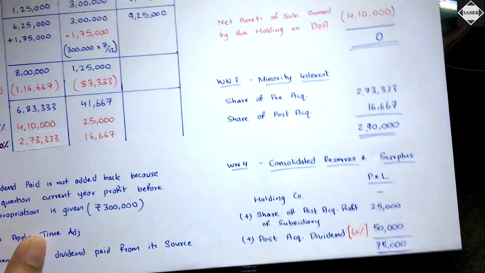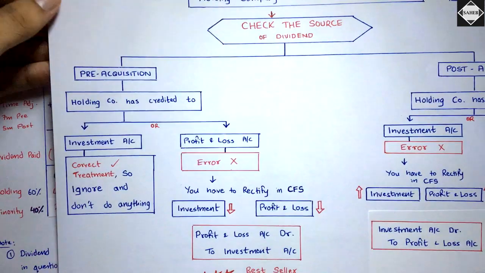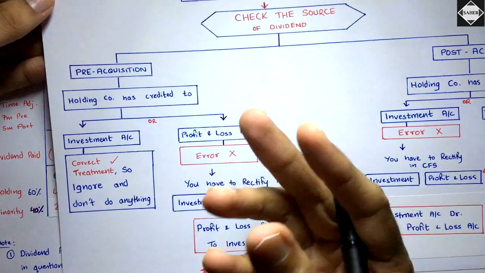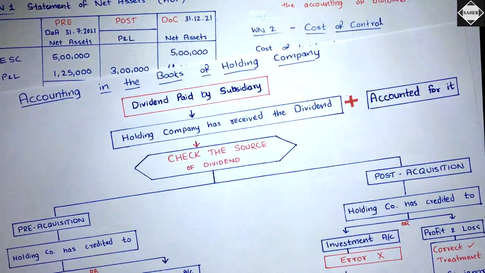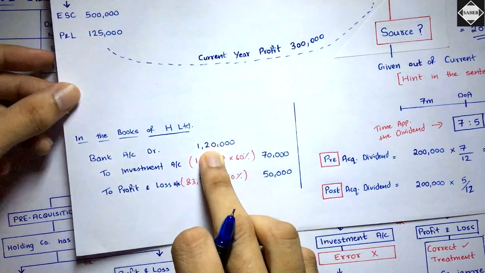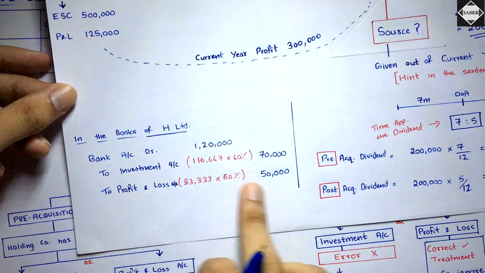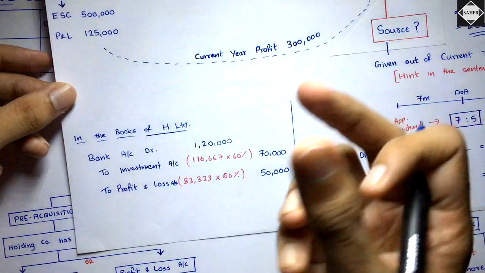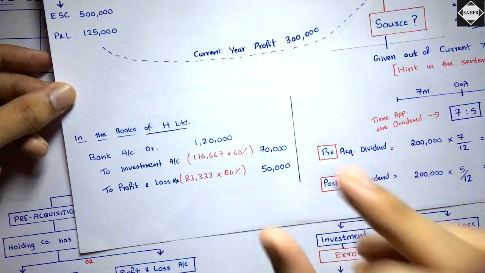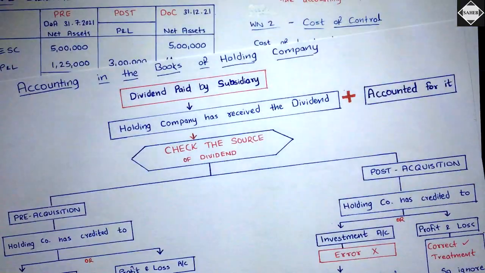Is that clear? If let's say, for example, the question says that the holding company has taken the entire dividend. How much dividend they received? The holding company received 1,20,000 dividend. If the question told you that the holding company took entire 1,20,000 to profit and loss. Bank account debit 1,20,000 to profit and loss 1,20,000. If something like this happens in separate financial statement of holding company, then what you will do in consolidation?